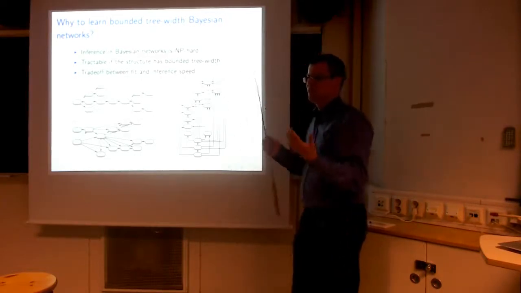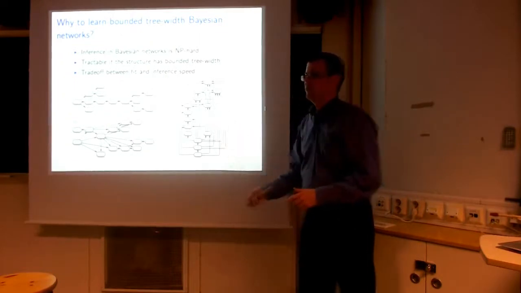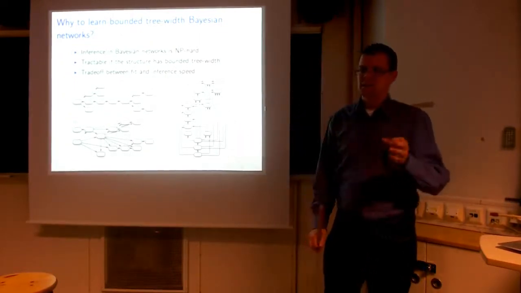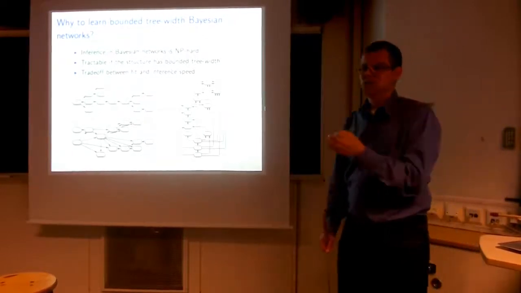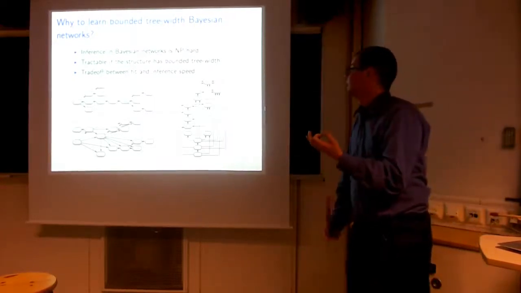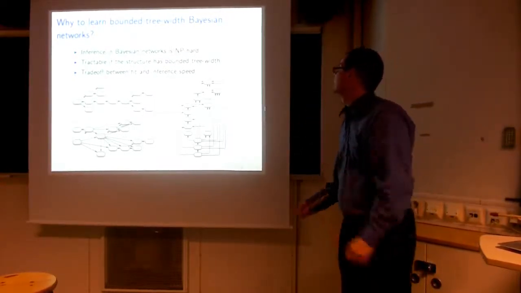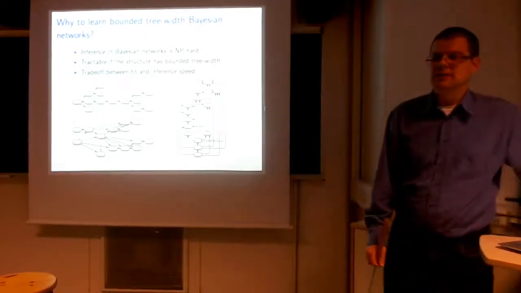So if you want to be able to infer fast, then you want to have low tree width. Then there are theoretical results that say that if the exponential time hypothesis holds, then bounding any other graph parameter does not give you tractable inference in all cases.